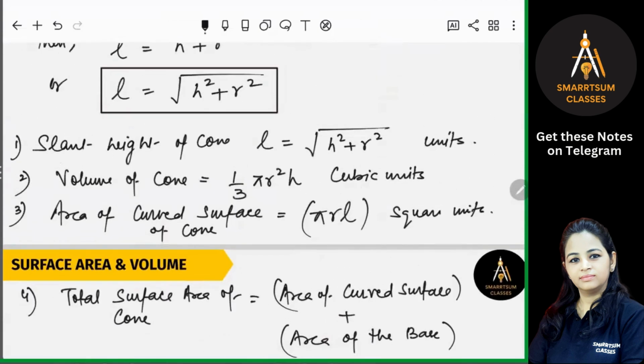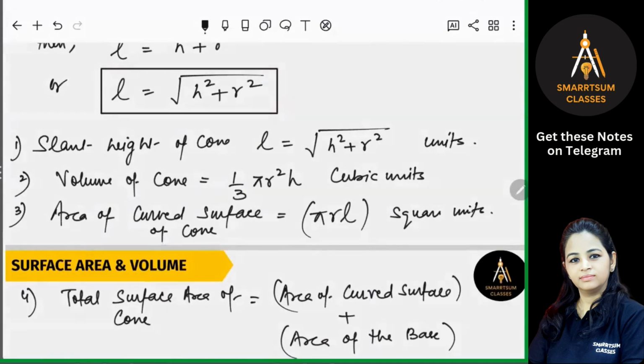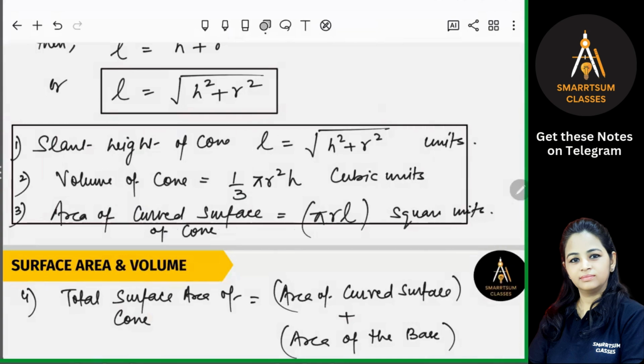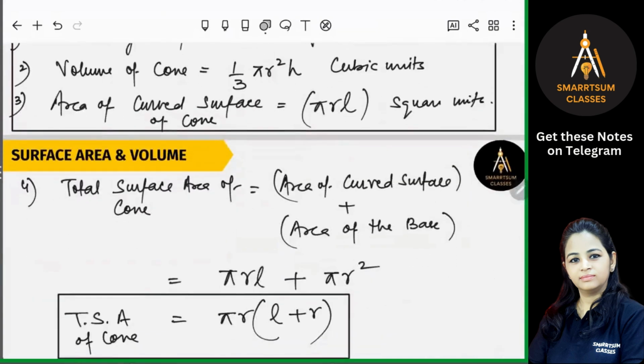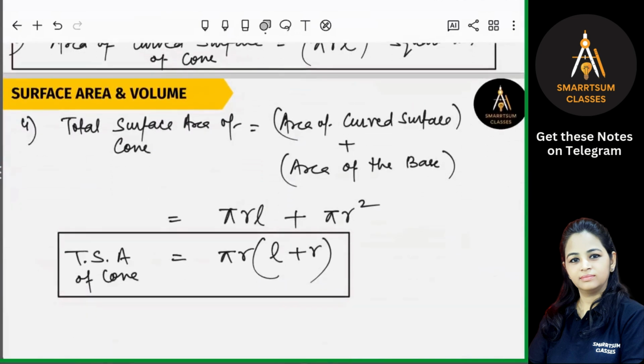Is that clear? So these are the formulas related to the cone, right? You need to learn these formulas. Please remember: slant height, volume of the cone, area of the curved surface or curved surface area, and the total surface area.